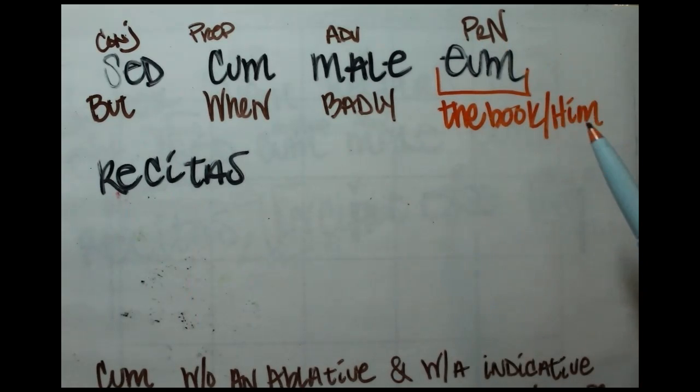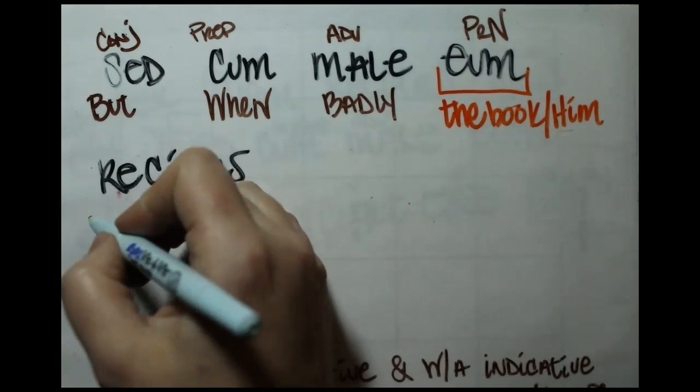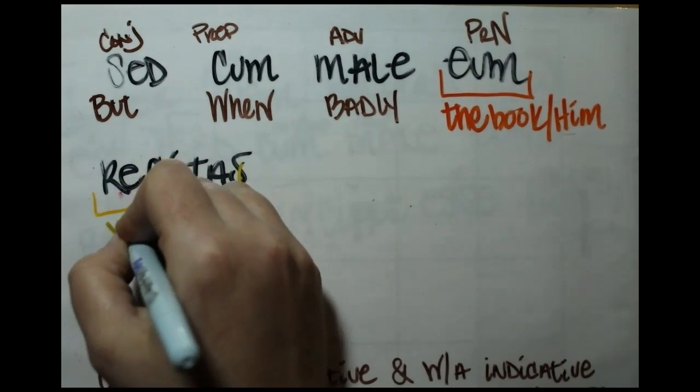Latin, and other languages that are gendered like this, would refer back to the book as him, because that book has gender in that language. Our verb is, again, recitas, so you read aloud, you recite.